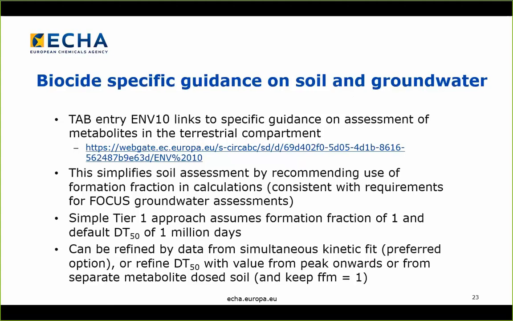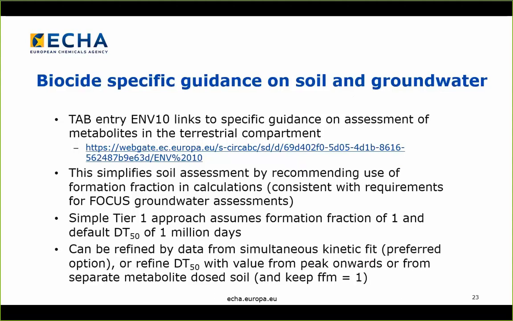If you aren't able to derive reliable, robust parameters from that simultaneous kinetic fit, then you can refine DT50s using values from what we call the peak onwards. So in some of those figures that I showed you where there was a clear decline phase, you can just calculate much more simply the degradation or dissipation from the peak onwards, which will give you a conservative estimate of degradation.